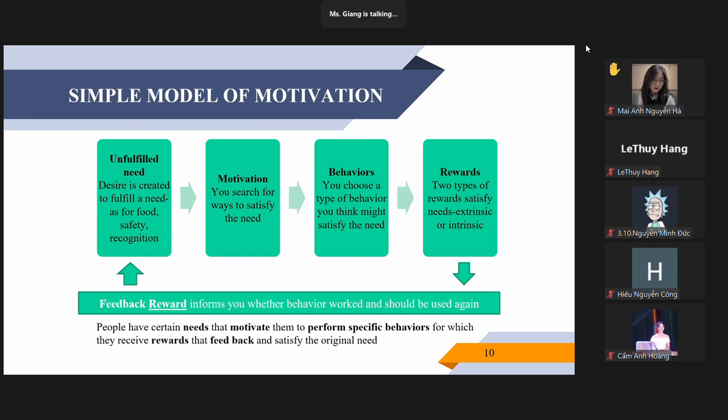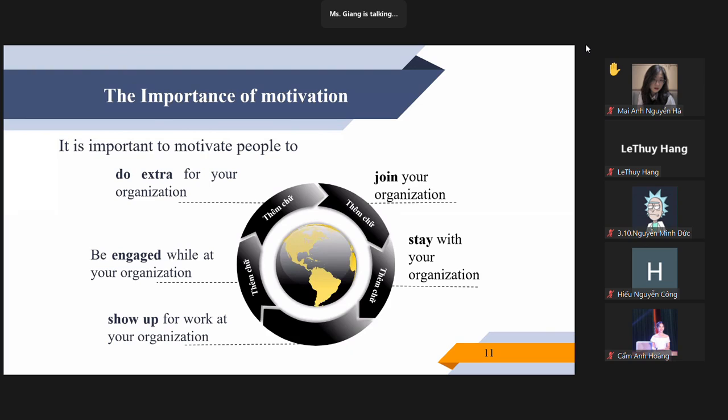The second question we need to answer is the benefits or the importance of motivation. Why do we need to motivate people in the workplace? Why do managers need to motivate their subordinates or their employees? There are 5 reasons. The first one, when employees have motivation, they will be more motivated to join the organization.